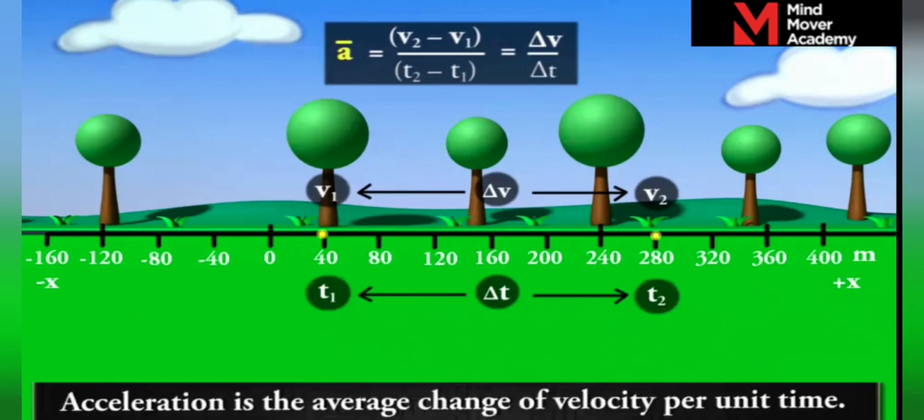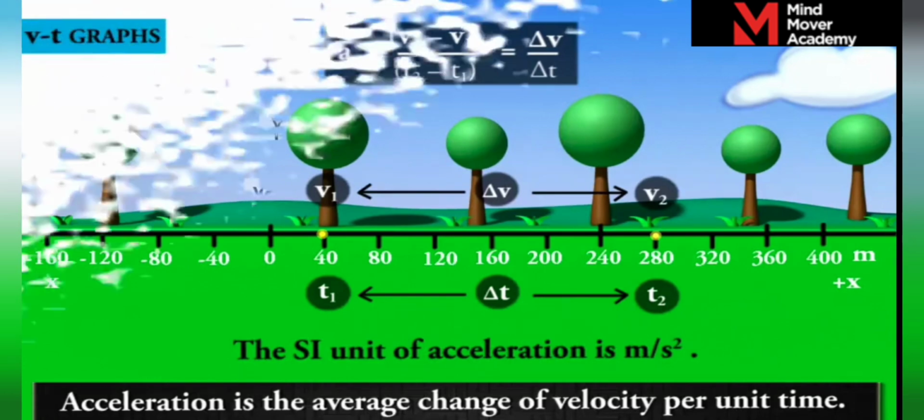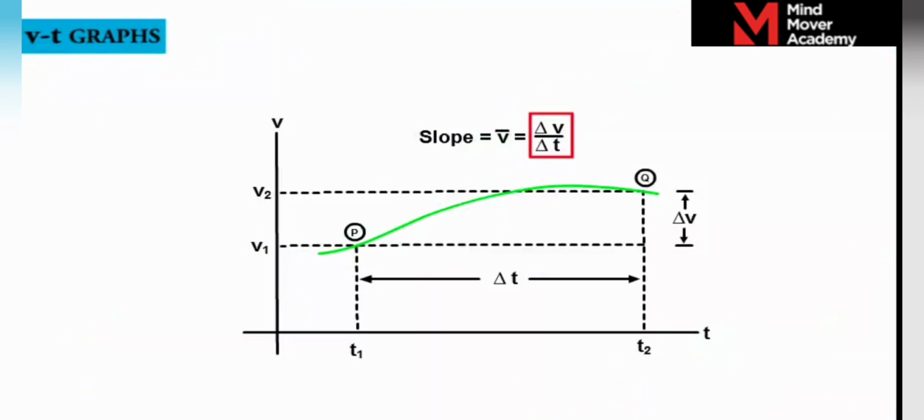Acceleration is the average change of velocity per unit time. The SI unit of acceleration is meter per second square. On a plot of velocity versus time, the average acceleration is the slope of the straight line connecting the points corresponding to (v2, t2) and (v1, t1).